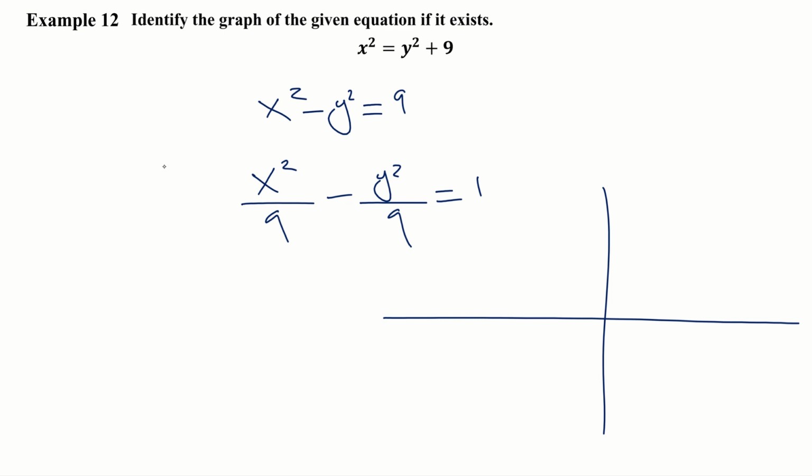So we go 3 to the right from the center, 3 to the left, and then we go up 3 and down 3. We form our fundamental rectangle. And then we draw our asymptotes.